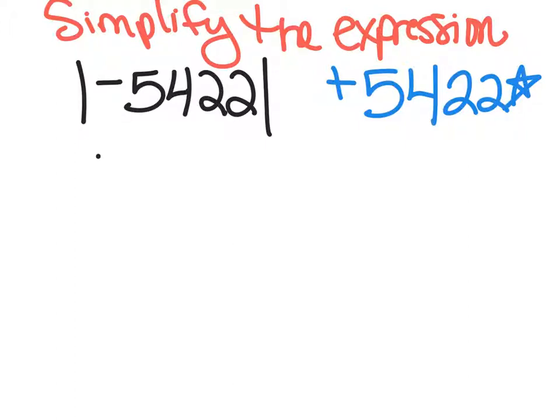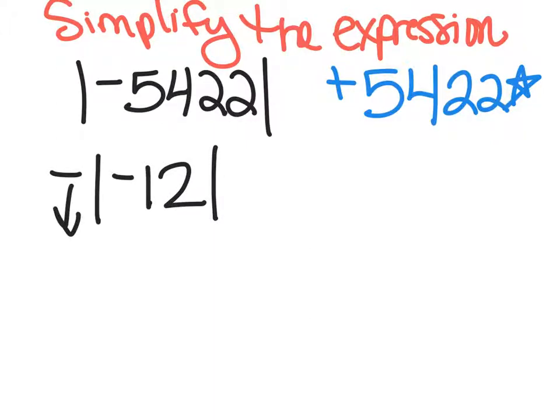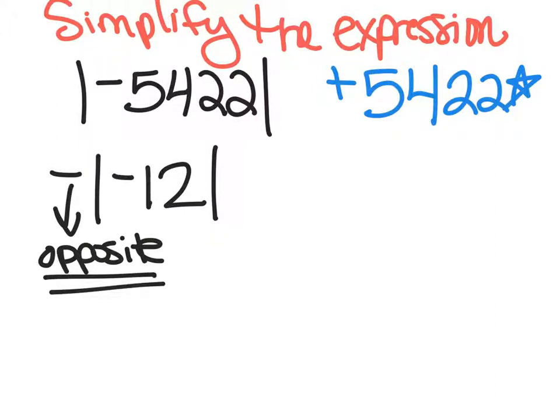Okay. But then we'll also get into some weird ones that will look like this. It will say the opposite of the absolute value of negative 12. Okay, remember that this thing right here, although it's a negative sign, it literally is telling us opposite. That's your keyword, opposite. Okay, so here, what we have to do first is we've got to figure out what's in here. What is the absolute value of negative 12? Okay, so you guys should totally have that down.